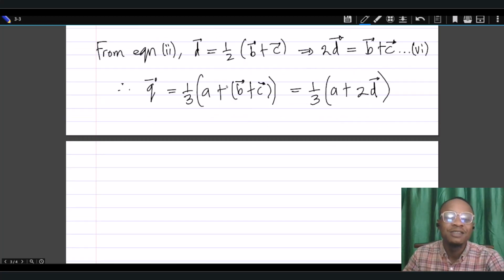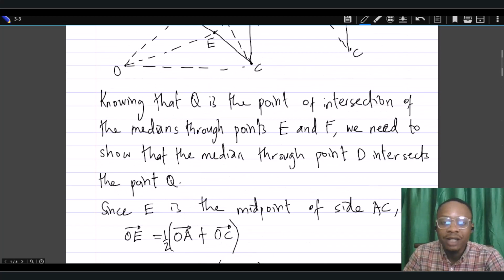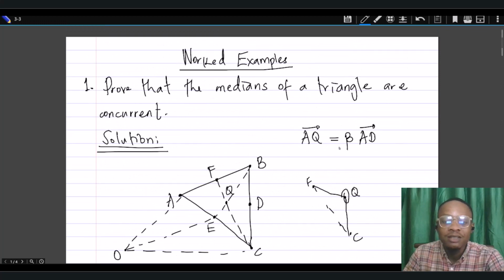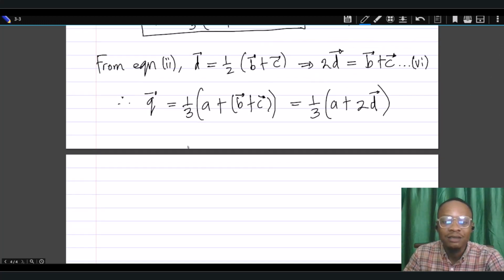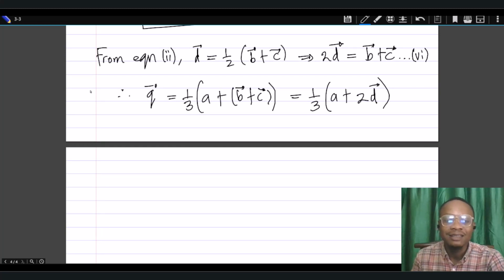So this gives us a relation between Q, A, and D as we want it. Can we now play around with this and see if we can establish from here that AQ is a multiple of AD? Let's go ahead and do that, and then we end the analysis there.